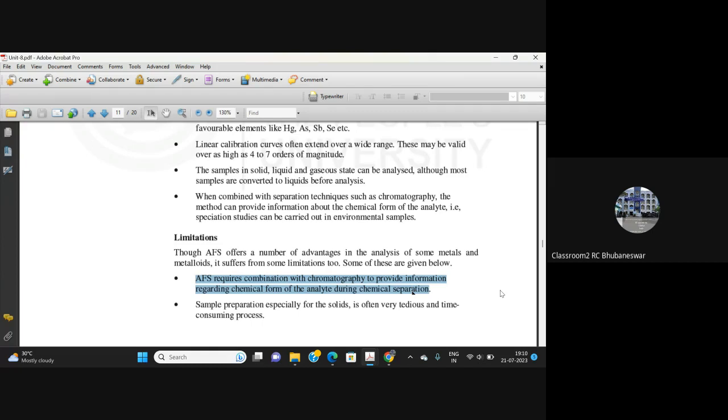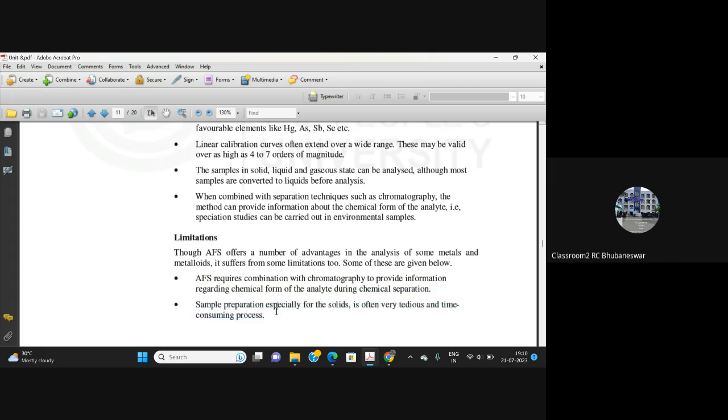Mostly, whatever you have seen in flame photometry or AFS, we are not able to know the chemical form, in which form the analyte is available. That can be better understood through chromatography. If you combine AFS and chromatography, then you can predict what chemical form it is. You can study that in your separation techniques chapter also.